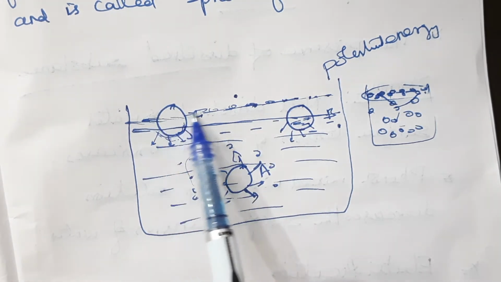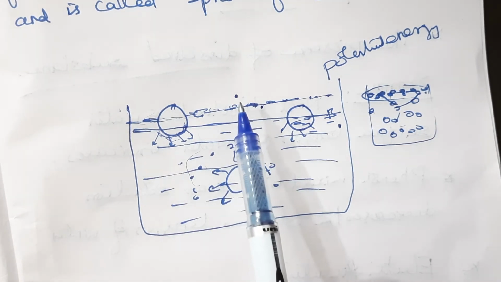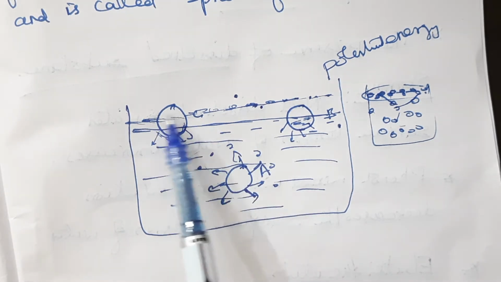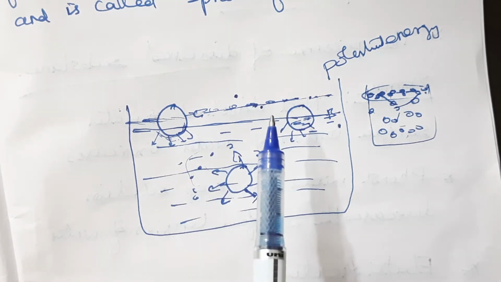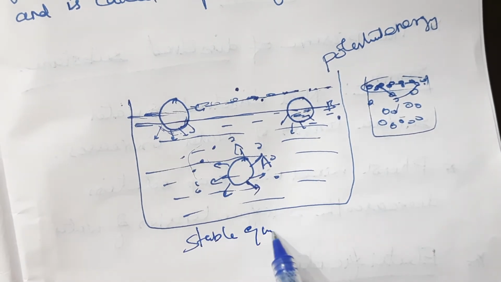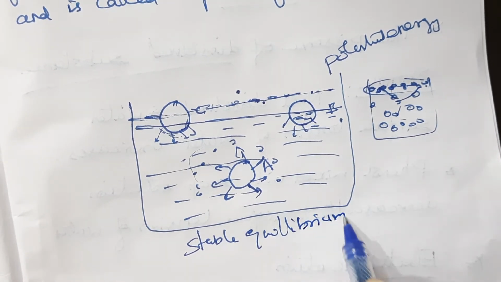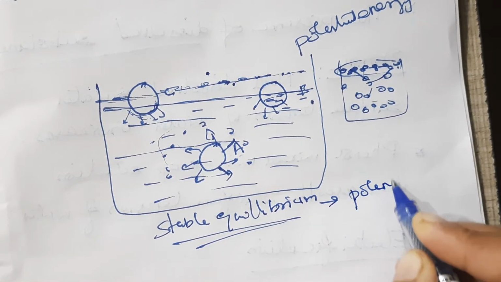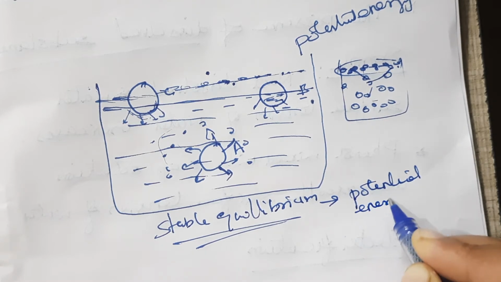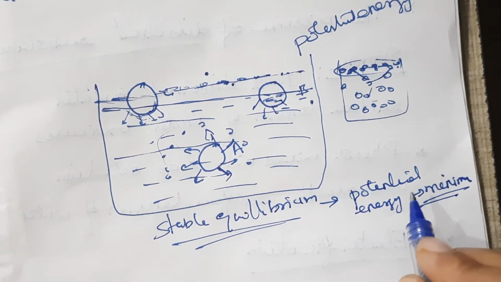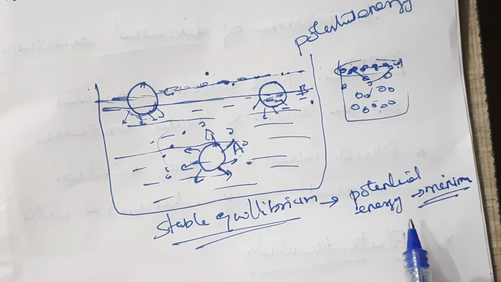The molecules on the surface have greater potential energy than those inside the liquid. But what is the condition for stable equilibrium? We have understood in the 5th chapter: stable equilibrium means the potential energy should be minimum.